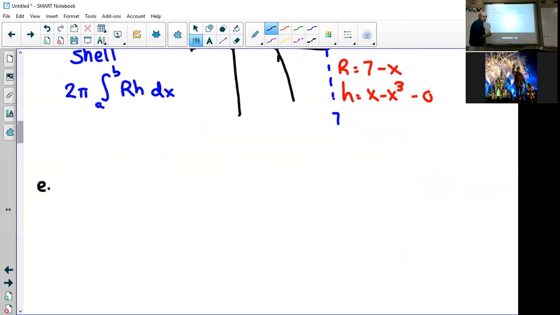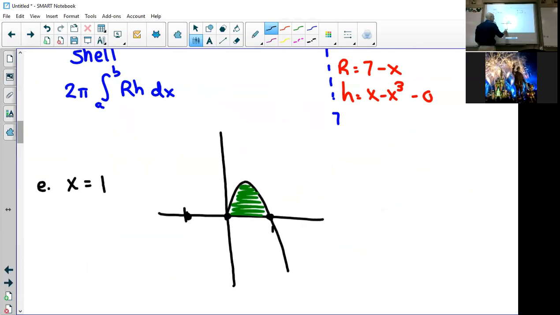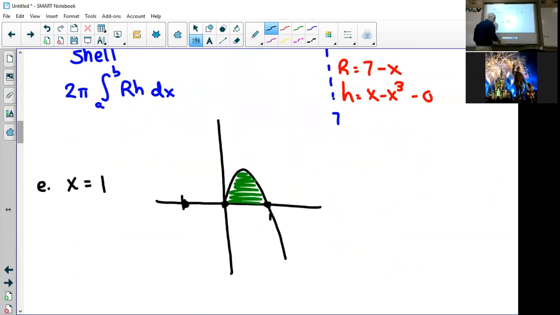All right, let's do x equals 1. So if we do x equals 1, that is going to put us right here. I missed. Slide it over a little bit. There we go. All right, x equals 1.